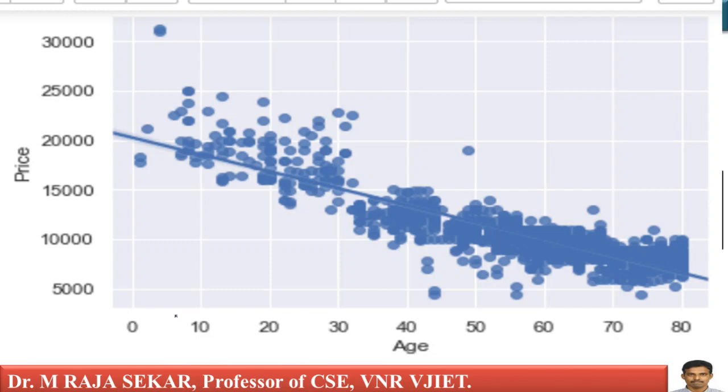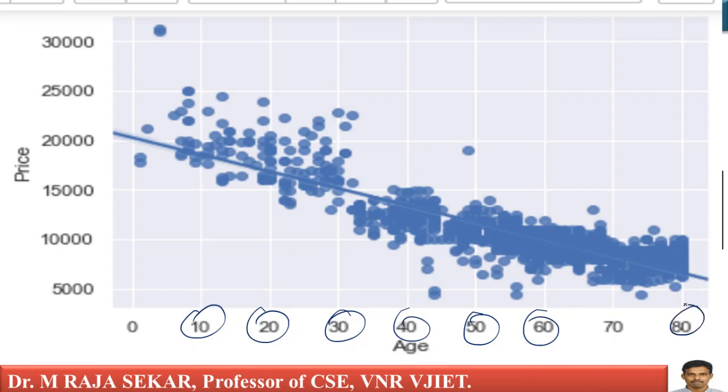Age here is not in terms of years, it is in terms of months, meaning 10 months, 20 months, 30 months, 40 months, 50 months, like that. For example, 80 months means approximately 6.6 years. 70 months is approximately 5.8 years.